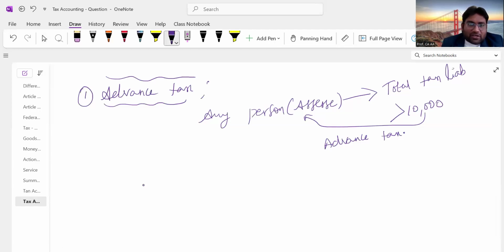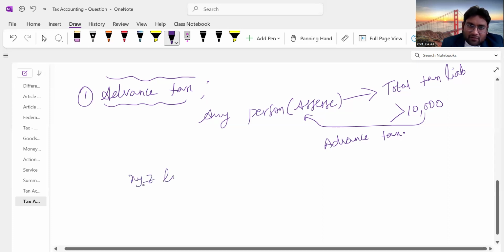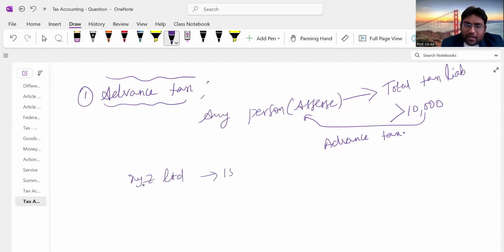Now XYZ Limited is paying this advance tax. How much is it paying? 15 lakhs. So why is it called advance tax, sir? Because as we just discussed, we pay the tax only after closing the books, that means next year.